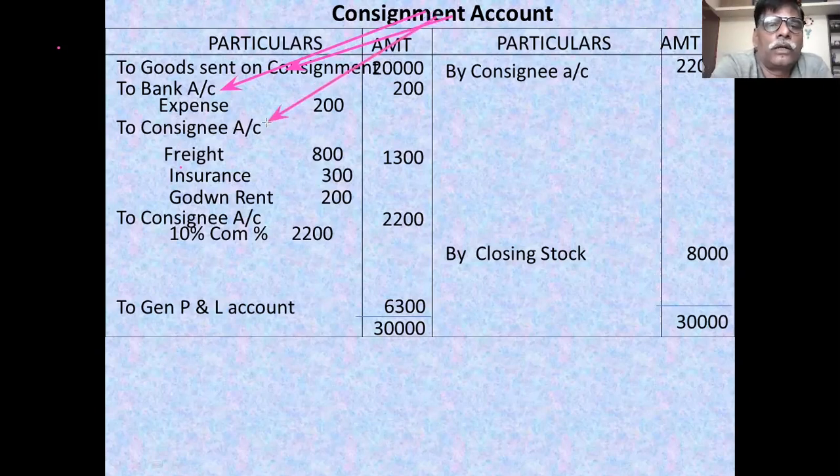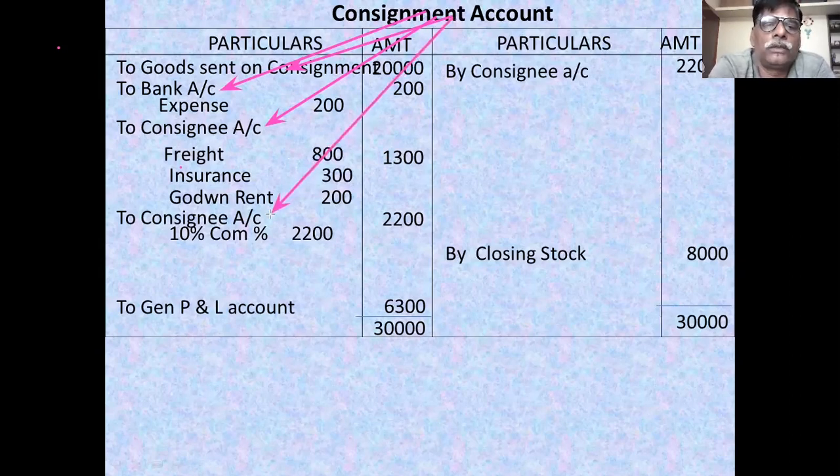Then third is for expenses paid by consignee. Consignment account debit to consignee account, 1,300 debit, 1,300 credit, being freight, insurance, godown rent paid by consignee. This is the narration. In this way, write the narration.